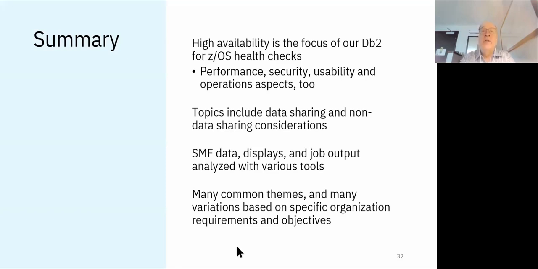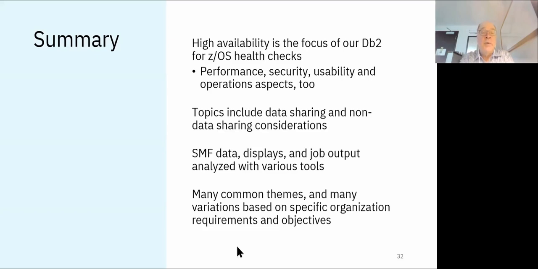Because all of these play into how healthy a DB2 environment is. We look at data sharing and non-data sharing topics. Even customers who aren't doing data sharing can improve their availability with appropriate practices. Things like speedy recovery and testing recovery, and making sure recovery procedures are documented in a way that a non-DB2 person could perform them in an emergency.